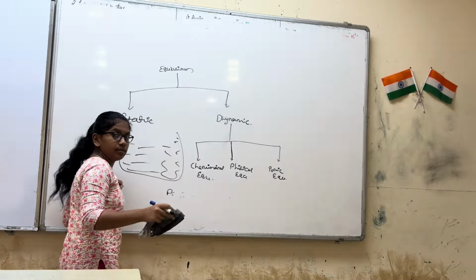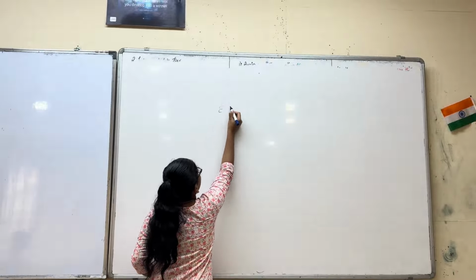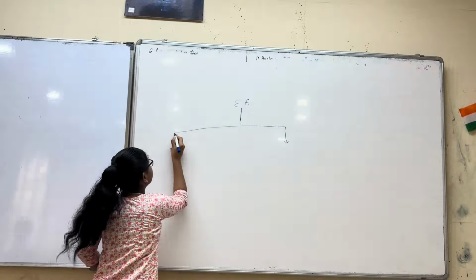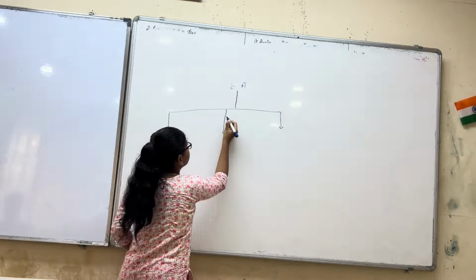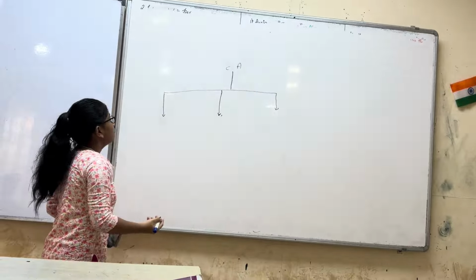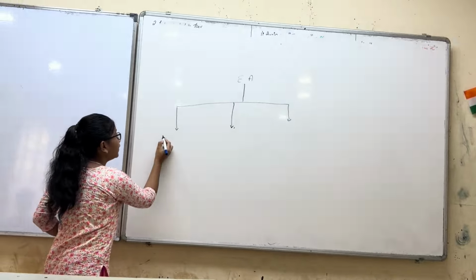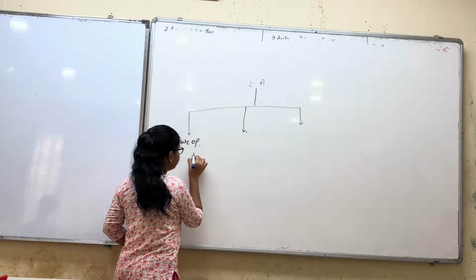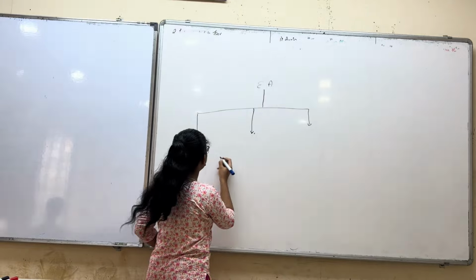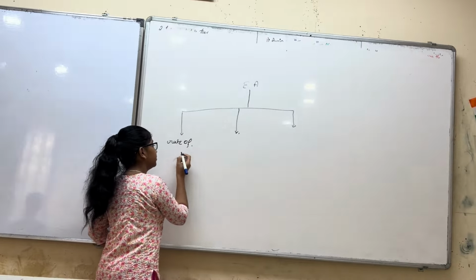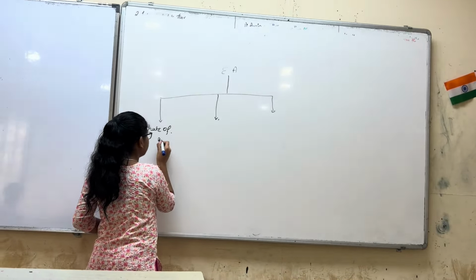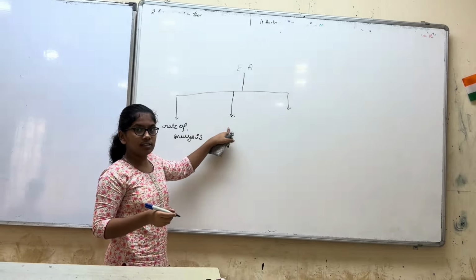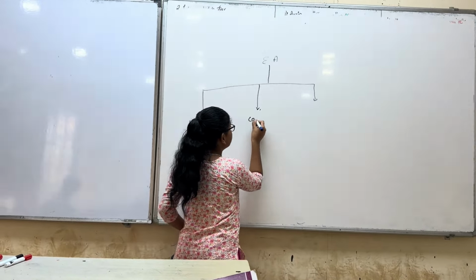Graph first one. Equilibrium analysis. There are three types in equilibrium analysis. First one is rate of reaction. Second one is concentration analysis.